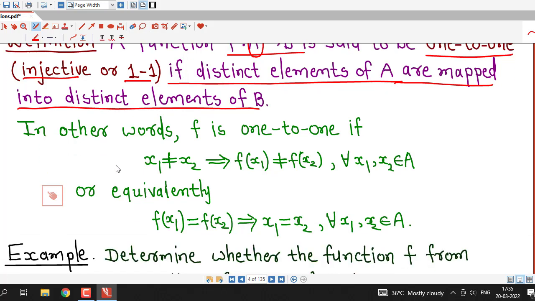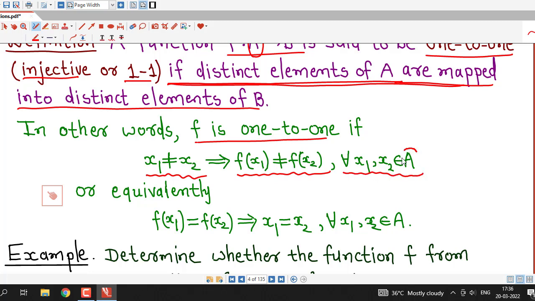In other words, the same statement we can write in this way also. f is one-to-one if x1 is not equal to x2 implies f of x1 is not equal to f of x2 for all x1, x2 belonging to A, which is the domain of the given function f. Now the same statement we can rewrite in another way also.